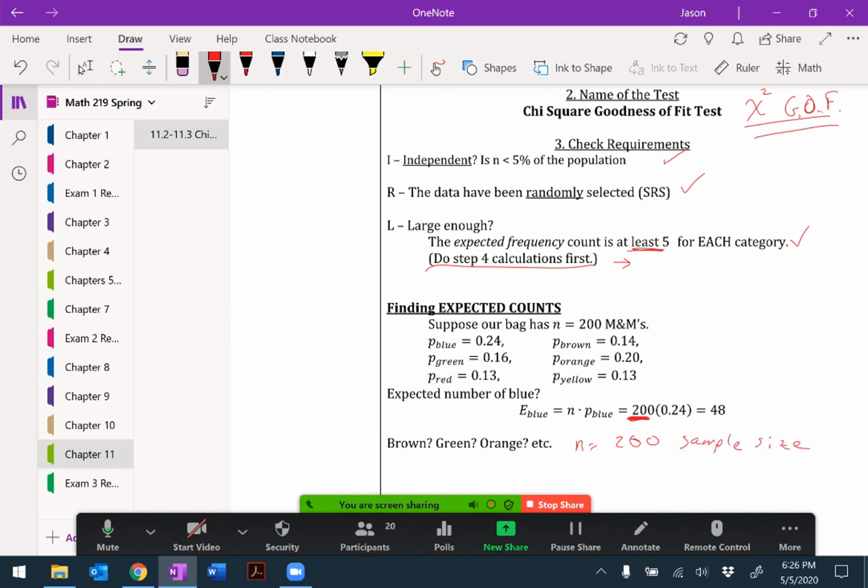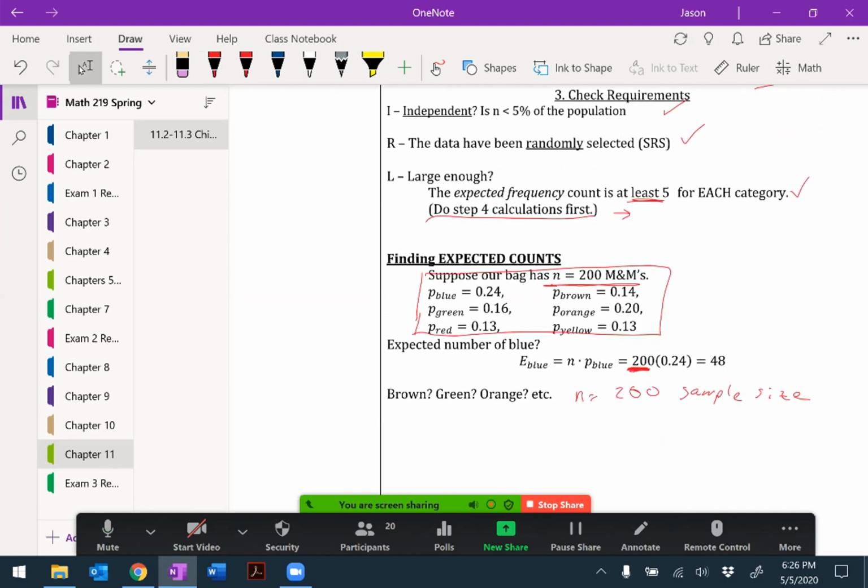So we're going to dump out a bag of 200 M&Ms, and then we would just count out how many, and what is our expected amount based on what the manufacturer tells us. Suppose our bag has 200 M&Ms, then the counts are just the parameters, the population proportions, times the number of items in the bag.